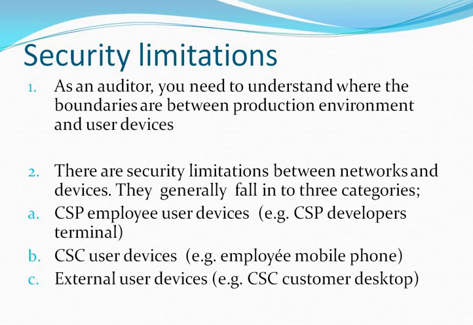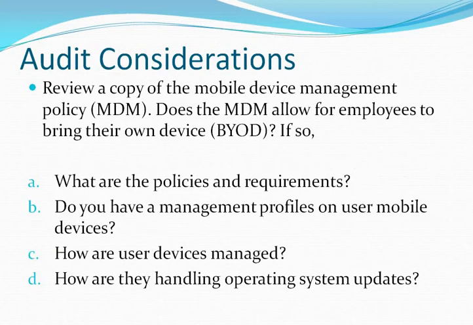The third category is external user devices, like cloud customer desktops, within your environment or outside your environment. These are the security limitations, so while auditing, keep in mind what your limitations for the audit are.